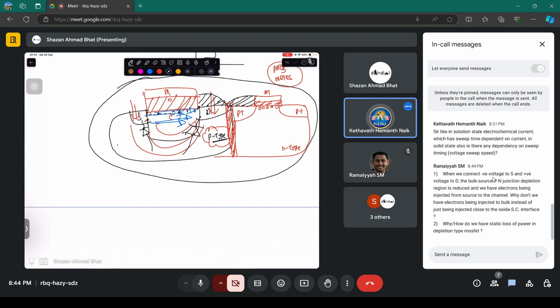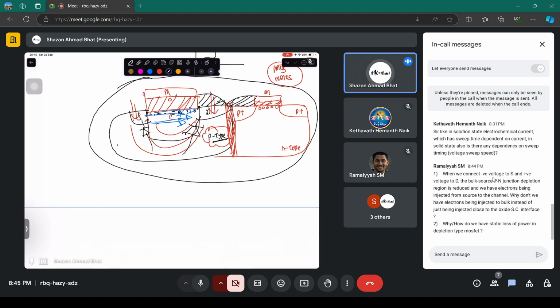But in solution state, like electrochemical cells, there will be some time dependence. The peak current will change if we sweep the potential very fast. In solid state also, like in transistors, are there any cases where the sweep rate matters?